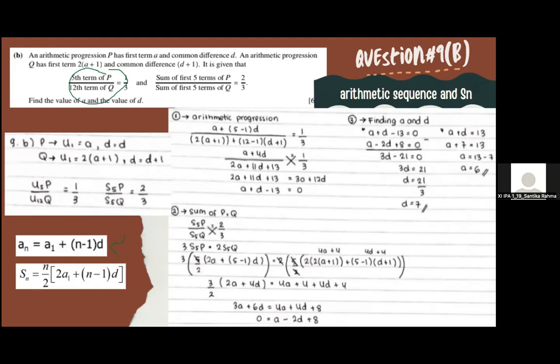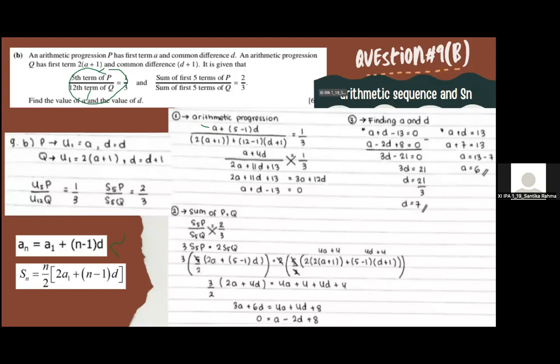And so we insert that for the 5th term and the 12th term to get a plus 5 minus 1 times d over 2a plus 1 plus 12 minus 1 times d plus 1, and that equals 1/3.